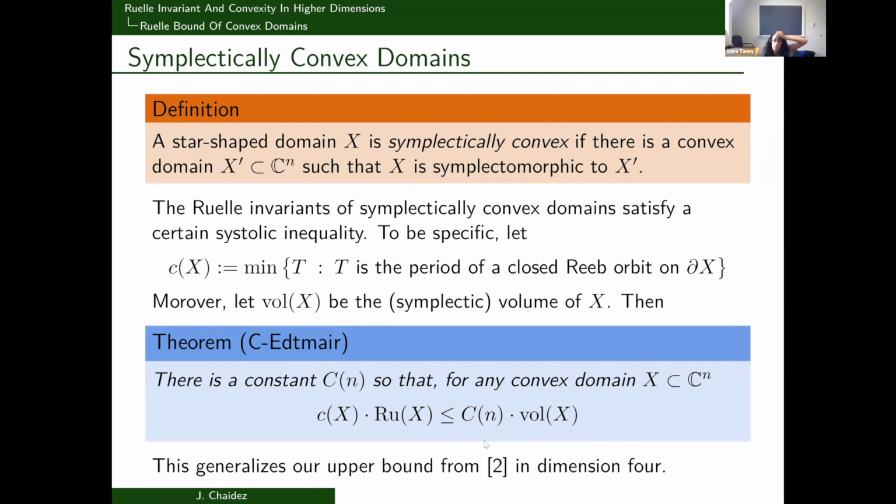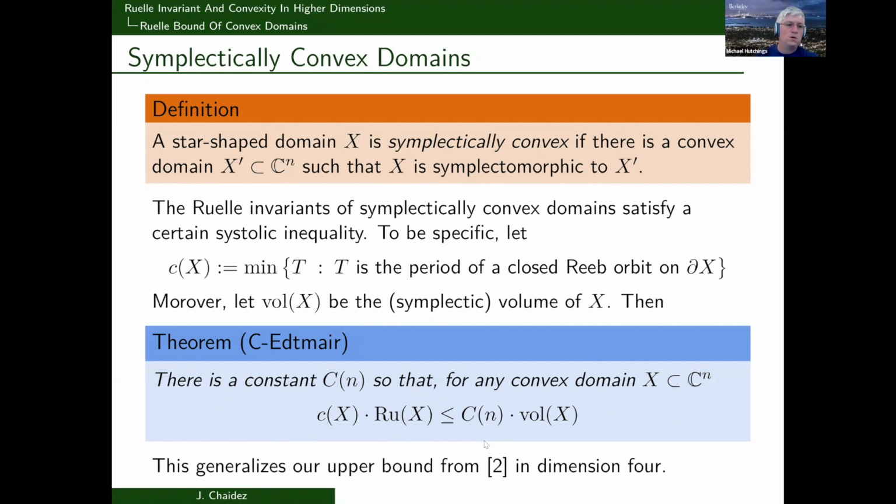Do you have an example for star-shaped domains in which this Ruelle invariant is not monotone? Where inclusion isn't. I think you can cook up some toric examples where that doesn't happen.